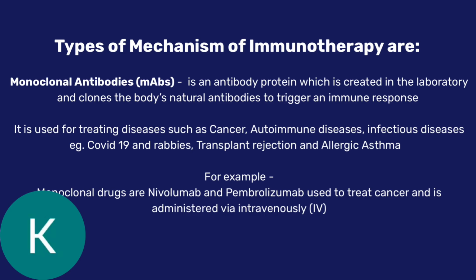It is used for treating diseases such as cancer, autoimmune diseases, infectious diseases such as COVID-19 and rabies, transplant rejection, and allergic asthma. For example, monoclonal drugs are nivolumab and pembrolizumab, used to treat cancer and administered intravenously.